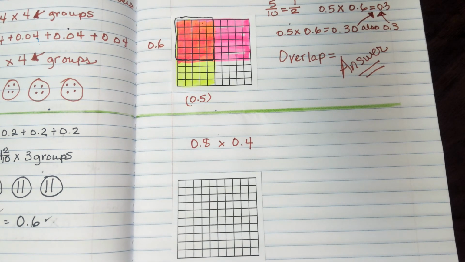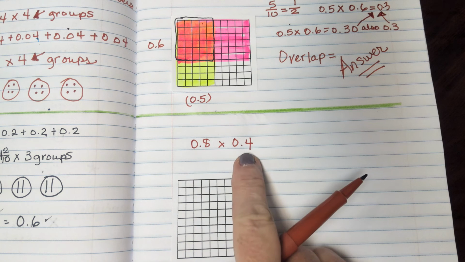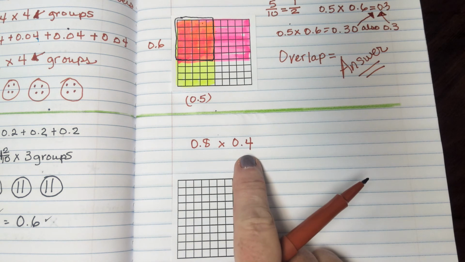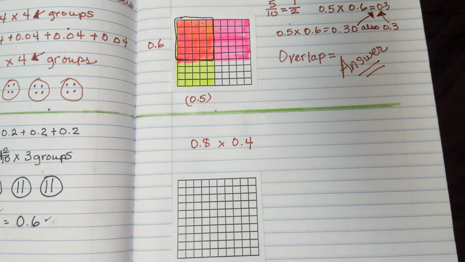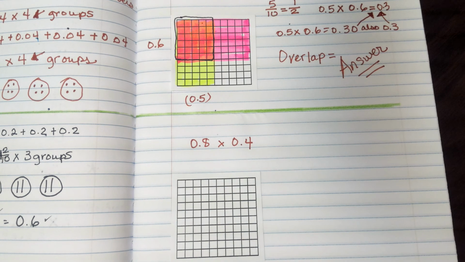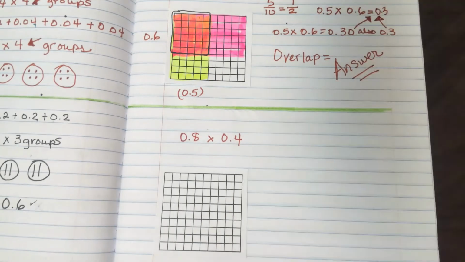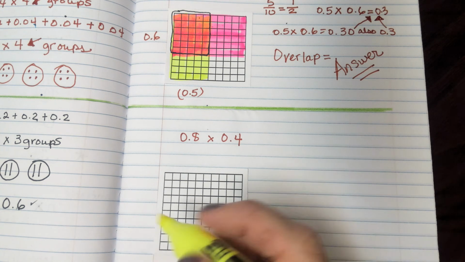Now, I had somebody ask me, Miss Cook, does it make any difference which way you shade with either one of those multiplication facts? No, it really doesn't. Whatever you do one way, if you wanted to shade 8 across first and then 4 down, you can do that. Or you can shade 8 down and 4 across. It doesn't matter. Everybody hear me? It doesn't matter. So whatever you want to do, you got two colors. So however you want to do it, you may certainly do it that way.